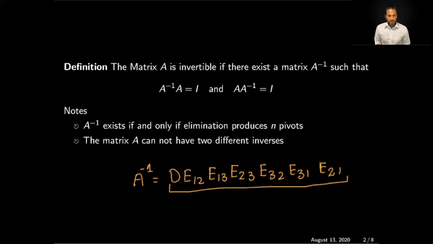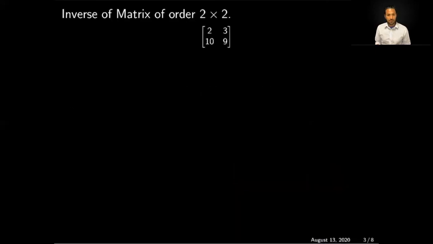In this video, we essentially use the same technique to compute the inverse, but we will organize our work a bit differently. Here I have an example of a 2 by 2 matrix, and we will start calculating its inverse. Step number 1 of the Gauss-Jordan elimination is to first write this matrix in augmented form.